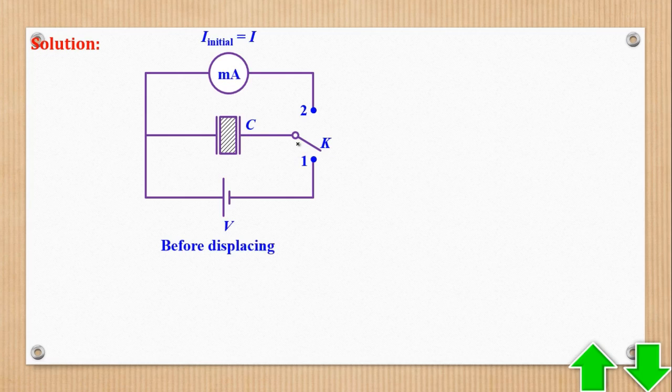When you connect this K to 1, you are charging it. And after that, when you want to discharge, you connect this switch K to 2. It will discharge through this milliammeter, and the ammeter will give a reading or a throw of I. That is before displacing. What about after displacing halfway?